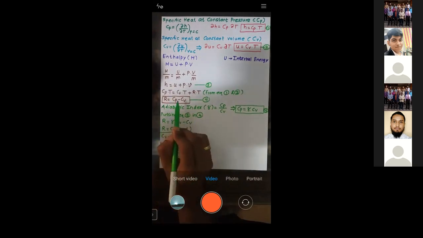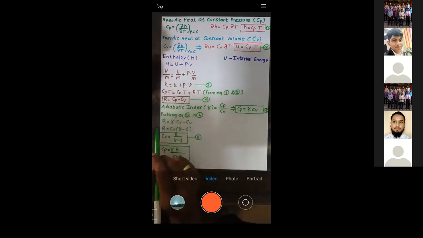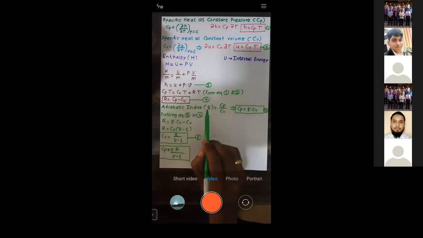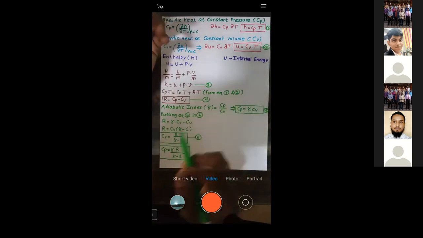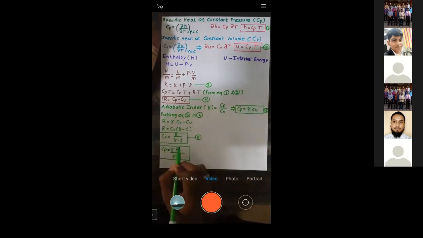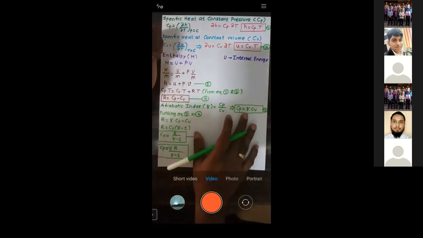So you can see how many equations we got. If you have Cp and Cv, you calculate R. If you have Cp and gamma, you can calculate Cv. Likewise, if you have R and gamma, you can calculate Cv and Cp.